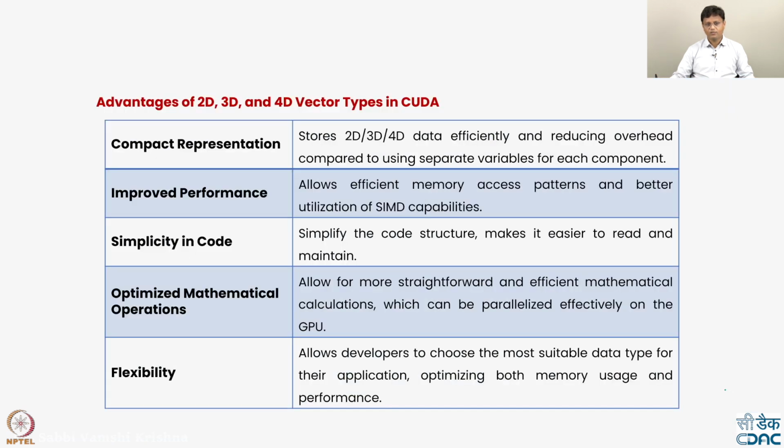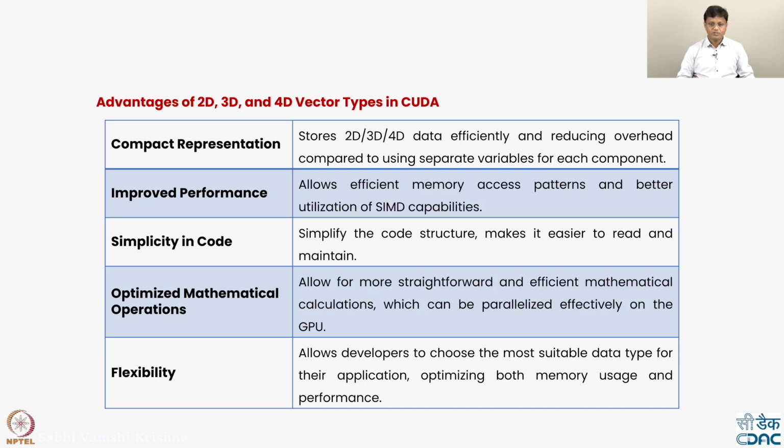What is the advantage of 2D, 3D and 4D vector types in CUDA? First, it gives a compact representation, and second, it improves the performance by storing the values related to one particular object in a coalesced manner, so memory can be accessed efficiently.